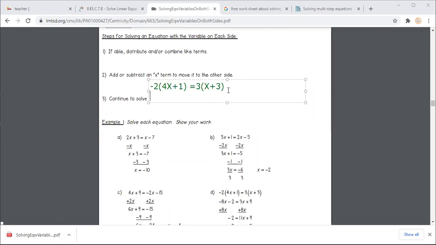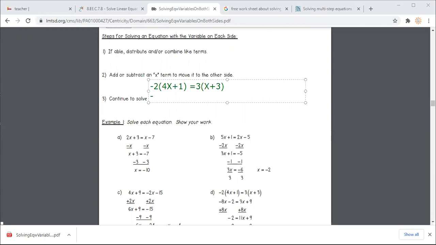How can we solve this question? We'll do negative 2 multiply 4, exactly. So it will be negative 2 multiply 1, which means you are going to distribute the number over the parentheses, right?